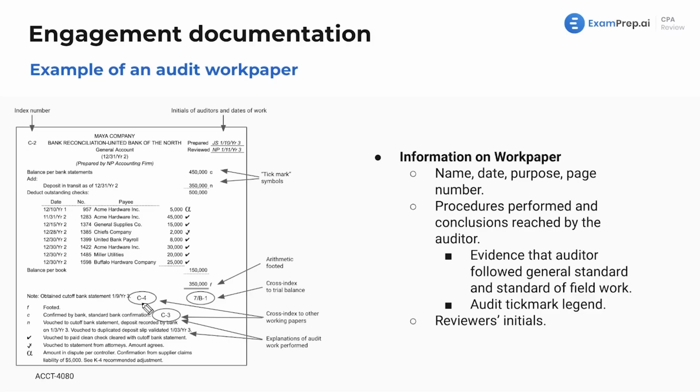C4 over here, the reason right here, it says obtained cutoff bank statement. So C4 could be that bank statement. Confirmed by bank confirmation. C3 looks like that's probably the actual bank confirmation. So just referencing the different documents. Like this is document number 2, this is document number 3, document number 4.